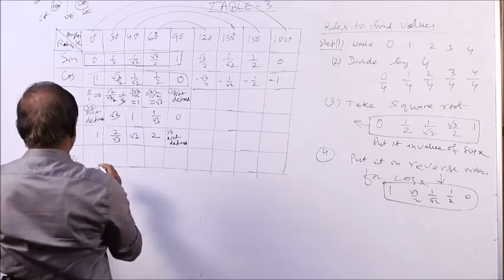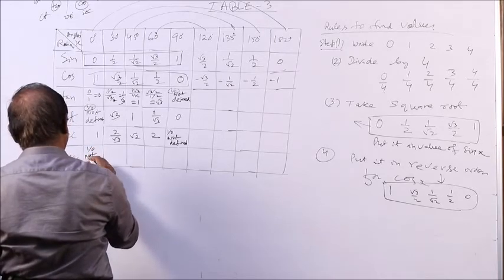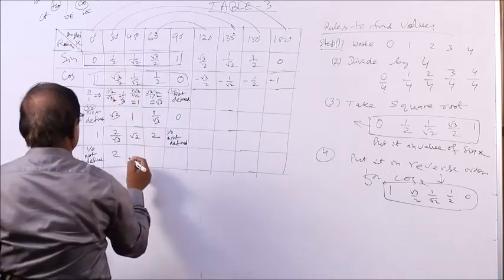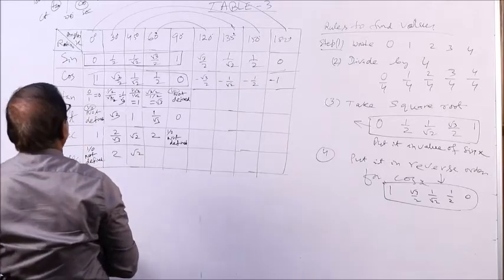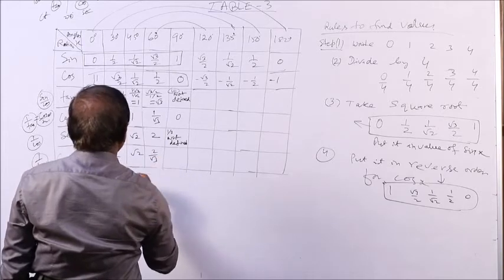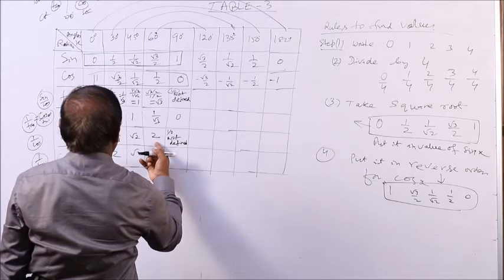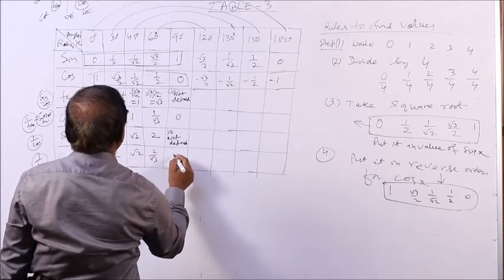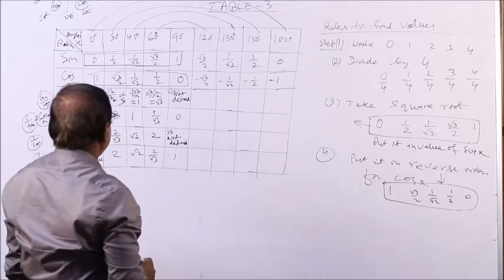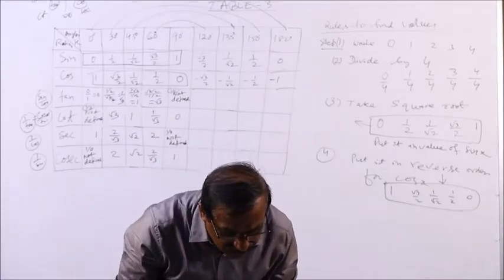Here it is 1 by sine, not defined. This is 2, this is root 2, this is 2 by root 3, this is 1 by 1. So, in table 3 we have discussed all these values.